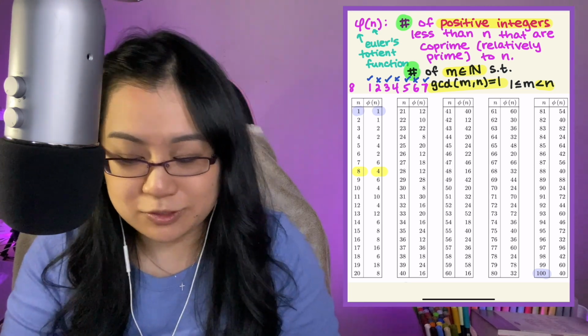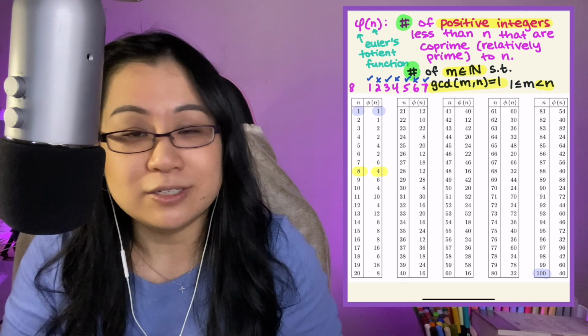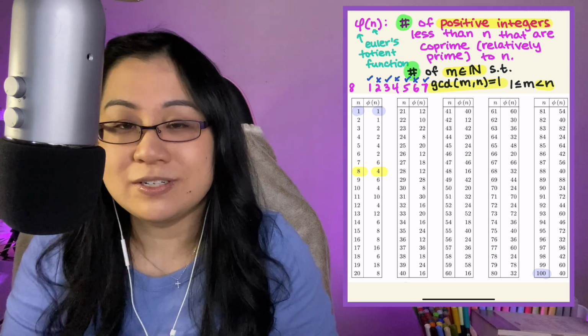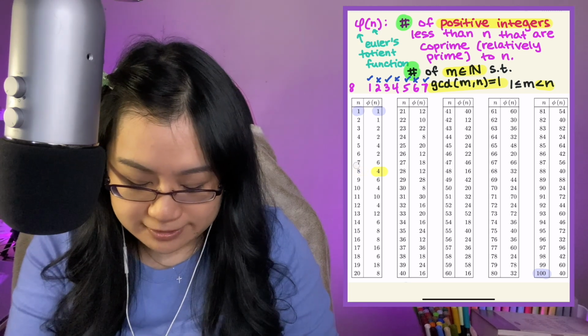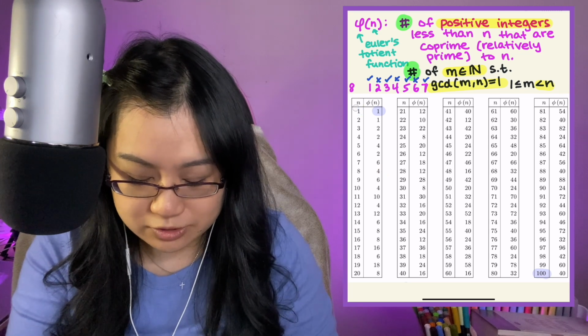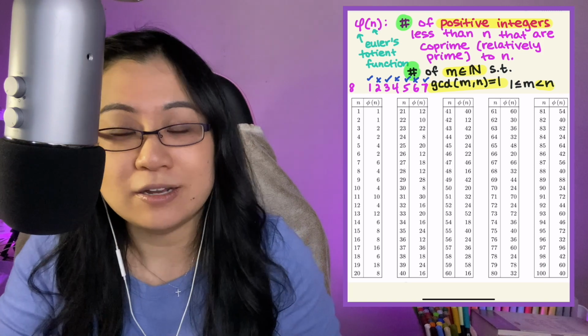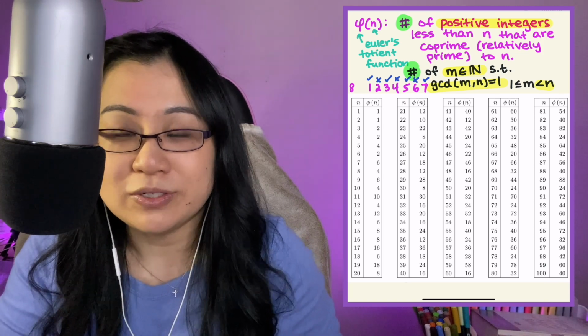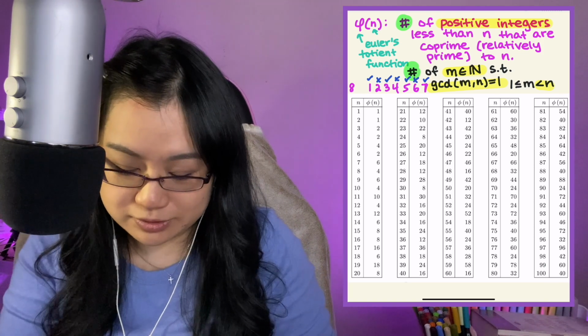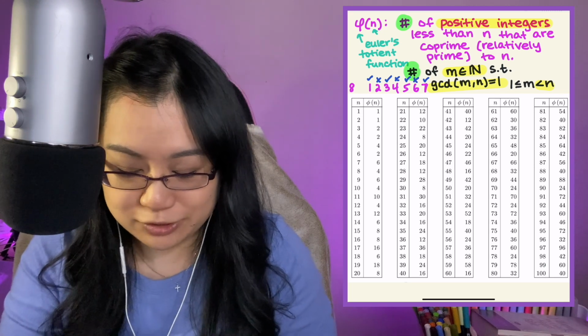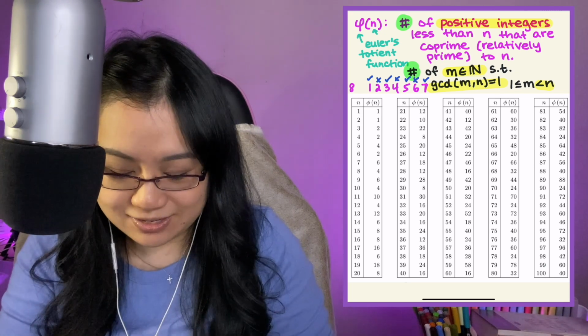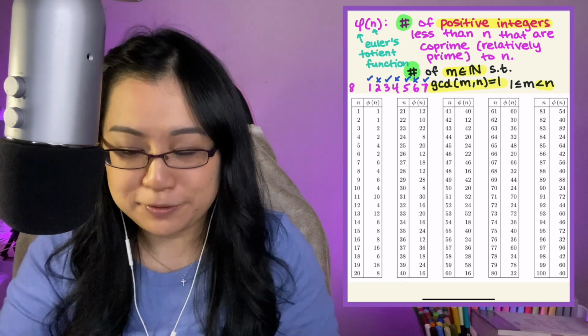A lot of times when you're finding the greatest common divisor or even least common multiples, it has a lot to do with prime factorization, since prime factoring is like working with building blocks for the numbers. So you might as well just go back to the ABCs and build back from there.